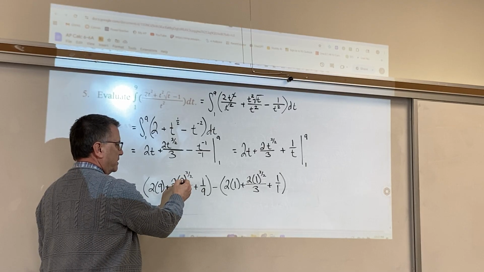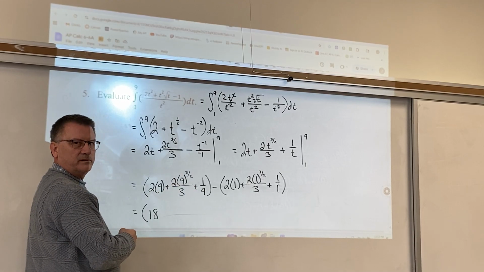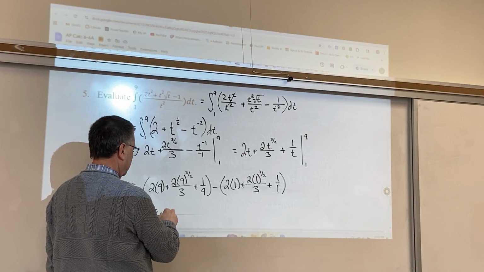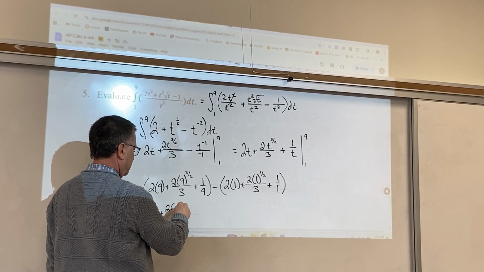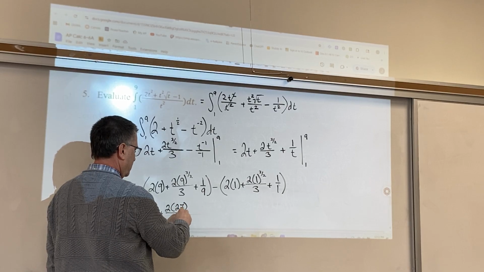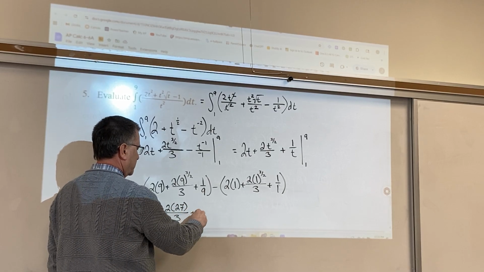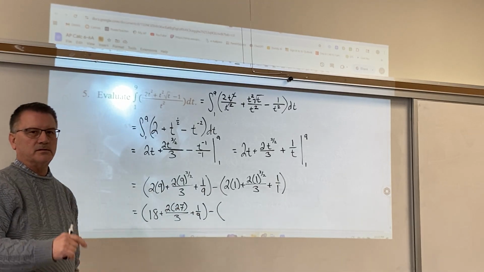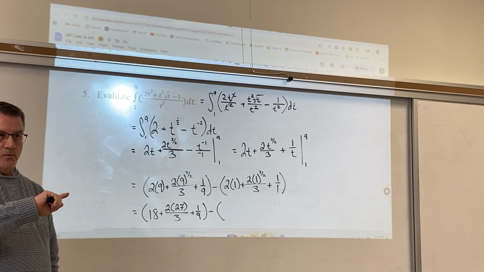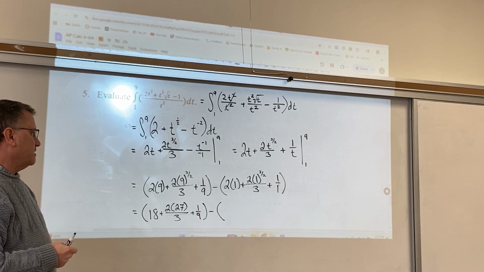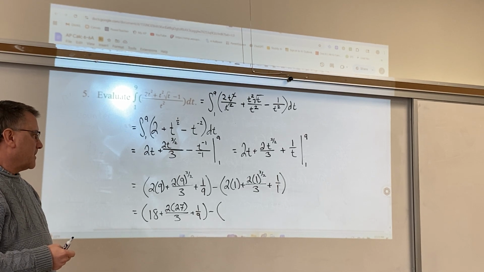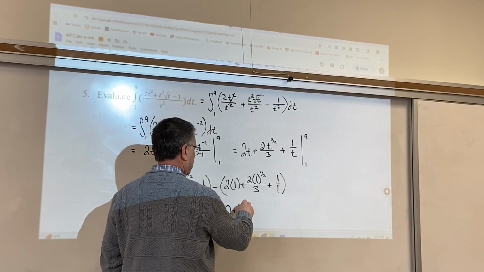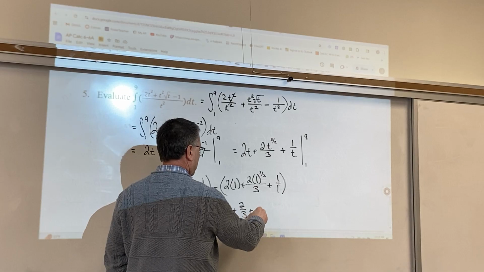The square root of 9 is 3, and 3 to the 3rd power is 27. Plus 1/9. I always like to do the denominator first. Take that root and then raise it to that power. And over here we've got, oh, this is easy. 2 plus 2/3 plus 1.